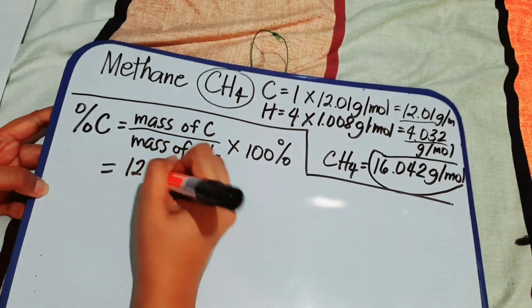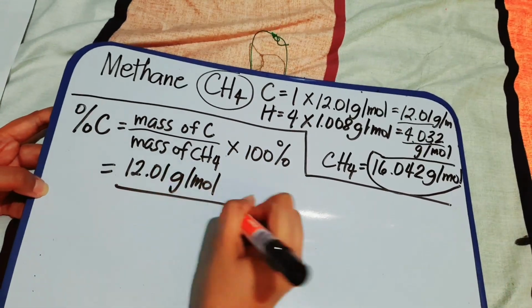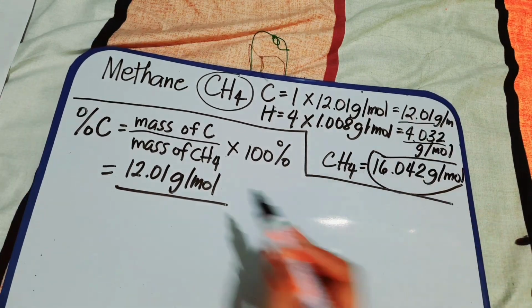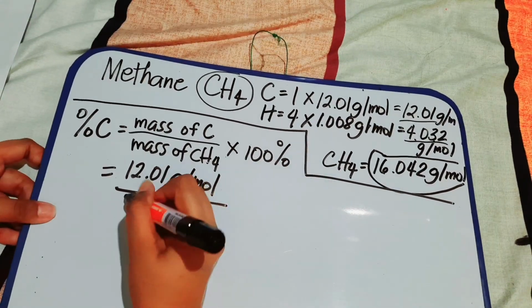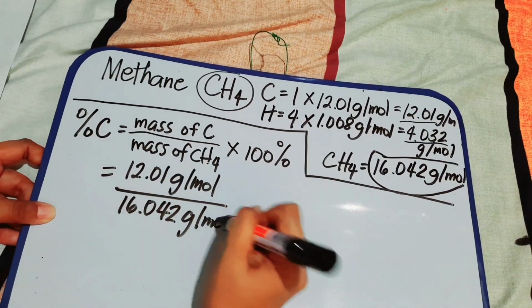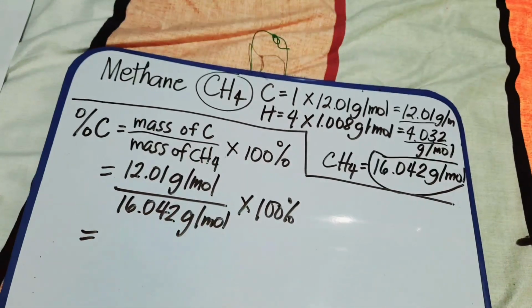So, 12.01 gram per mole divided by, ano yung ating mass ng ating compound na CH4, and that is 16.042 gram per mole times 100. Okay, so i-divide na natin siya.